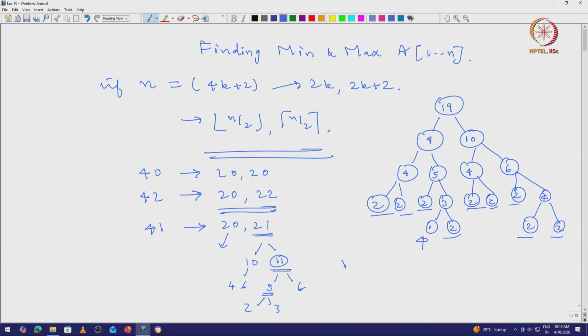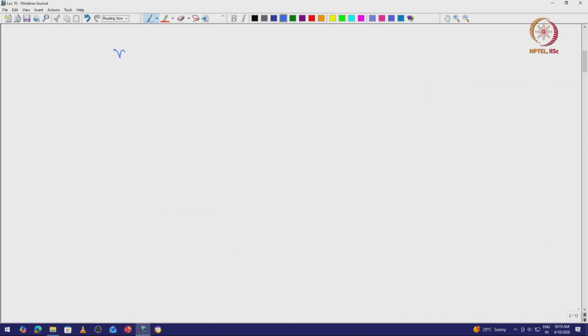So in general, if n equals 2k plus 1, then this will have one leaf with weight 1, and it will have k leaves with weight 2.